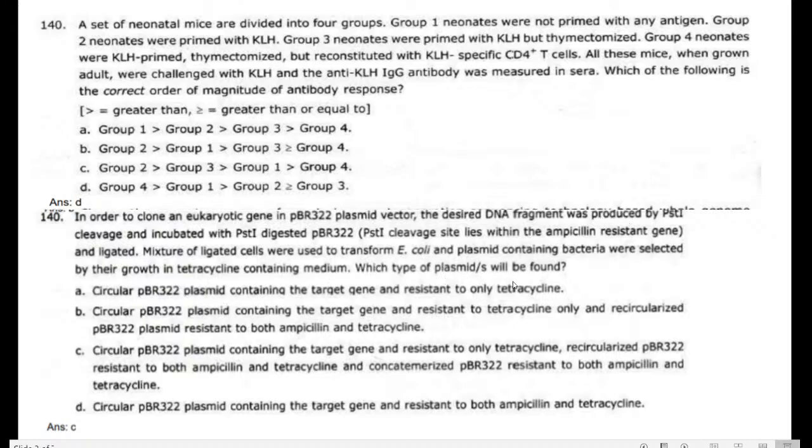Which type of plasmids will be found? Here the answer is C. Circular pBR322 plasmid containing target genes and resistance genes to only tetracycline.